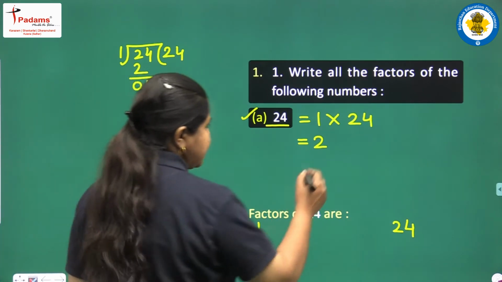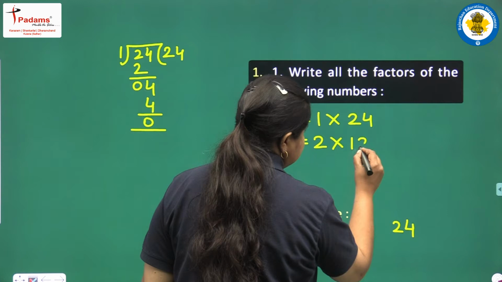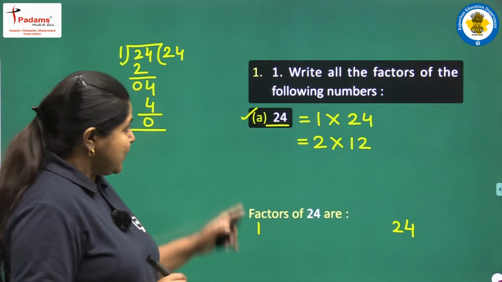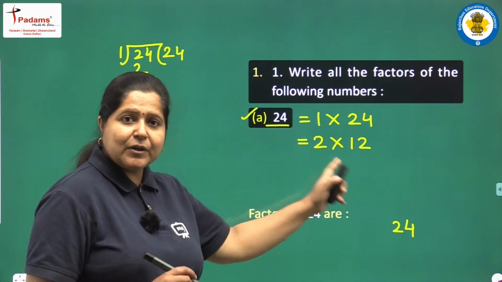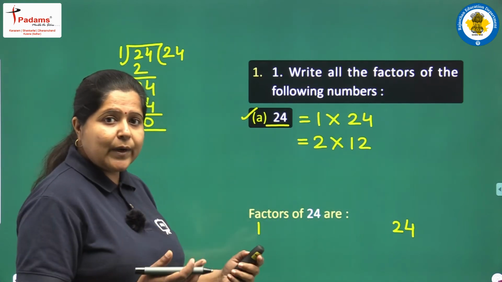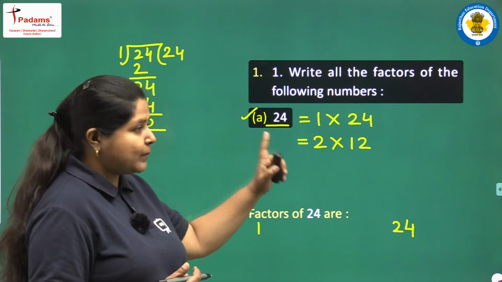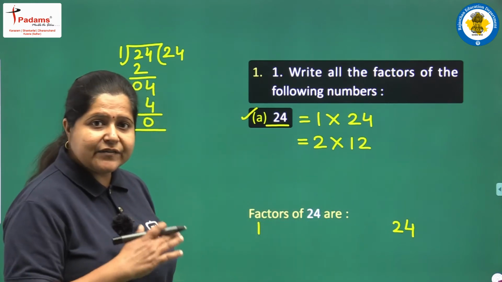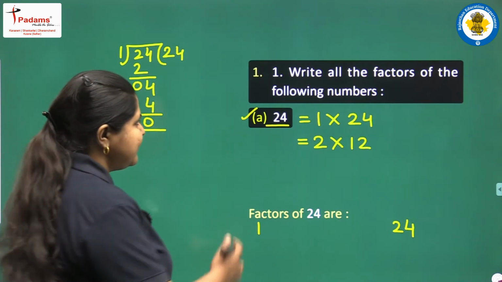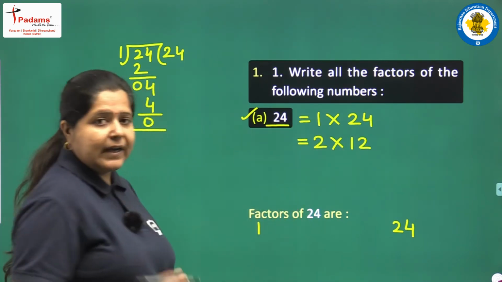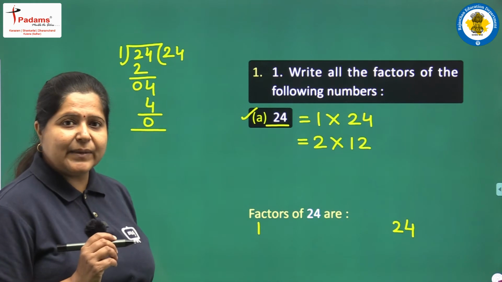Yes, we know that 2 12s are 24. Now 24 is a multiple of 2 also and 24 is a multiple of 12 also. Or in other words, if we divide 24 by 2, then also the division will be exact, complete, with 0 as remainder, and if we divide 24 by 12, again we will get 0 as remainder.